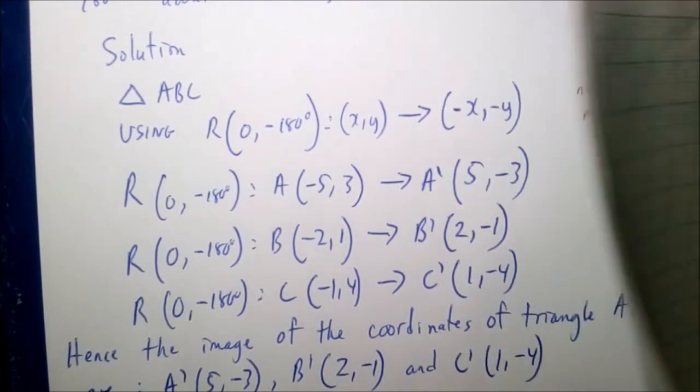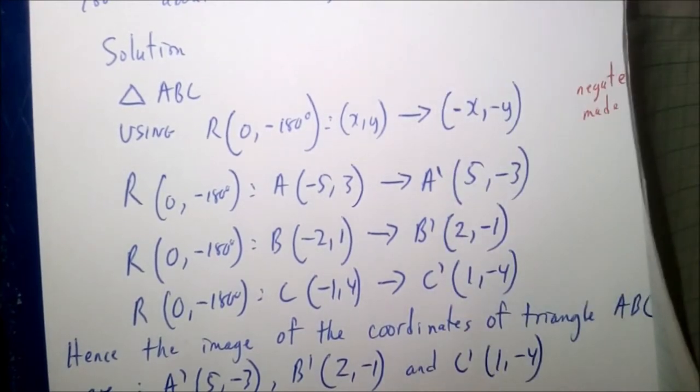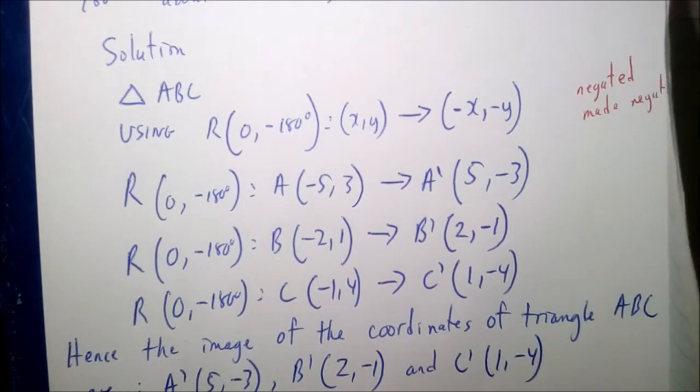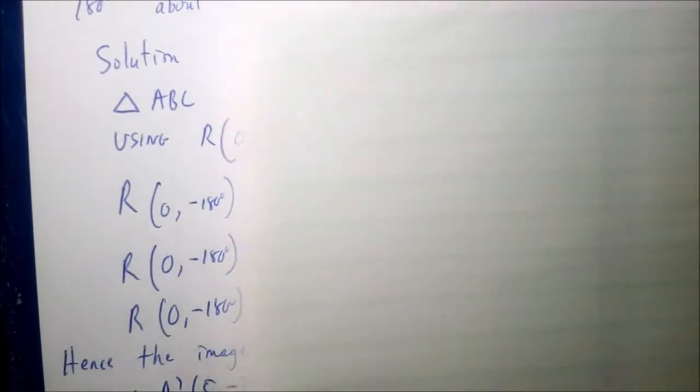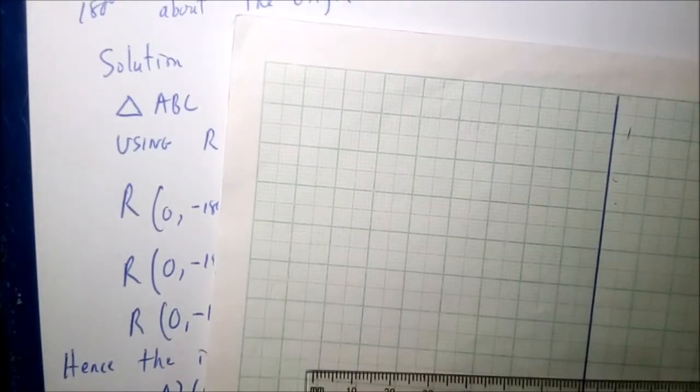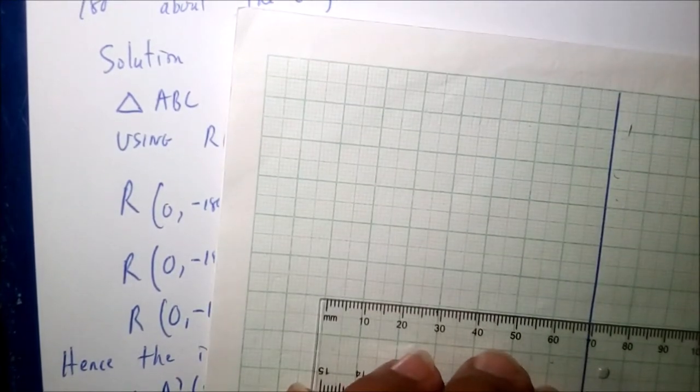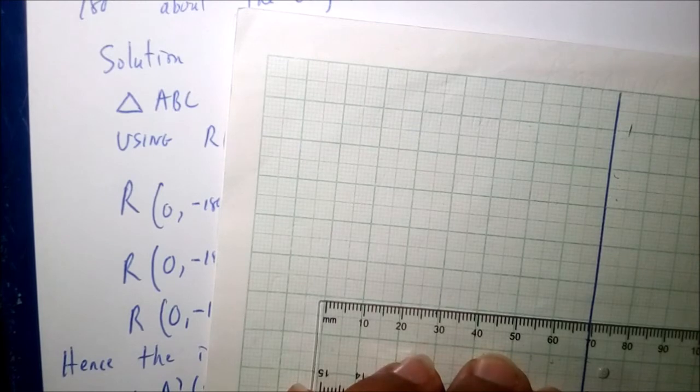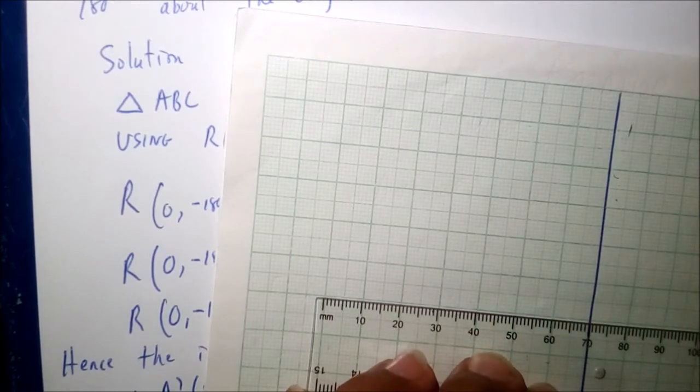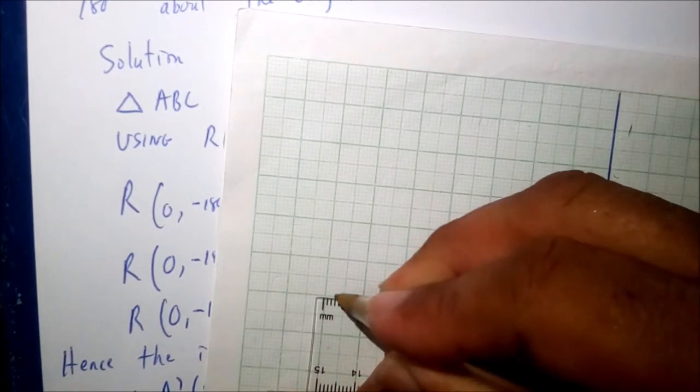So we have here our values. The x's will be -5 to +5, and the y's will be 4 and 4, so we use our ruler, and we make sure we set that ruler in alignment.